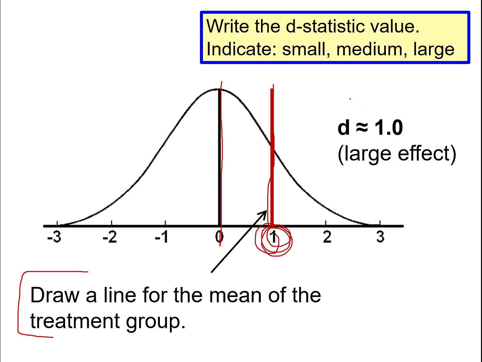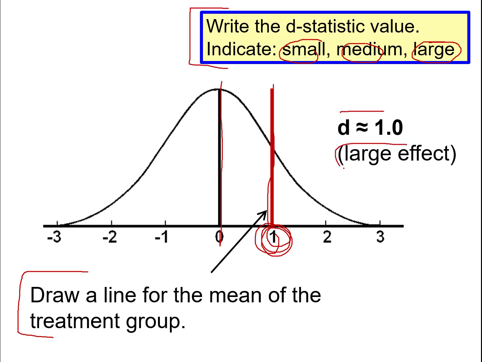In my illustration, I'm also going to write the d-statistic value that I'm illustrating, and indicate whether I'm talking about a small, medium, or large effect using Cohen's cutoffs for a small, medium, and large effect that I talked about before. If you recall, I said that any d-statistic that's 0.8 or larger would be a large effect, so a d-statistic of 1 is clearly a large effect.